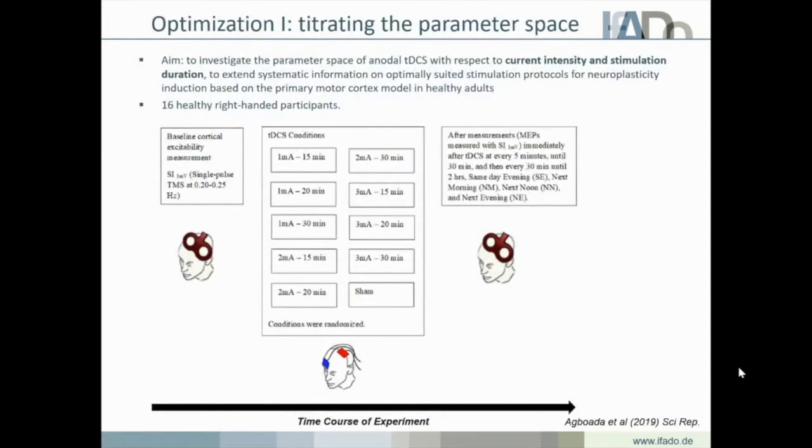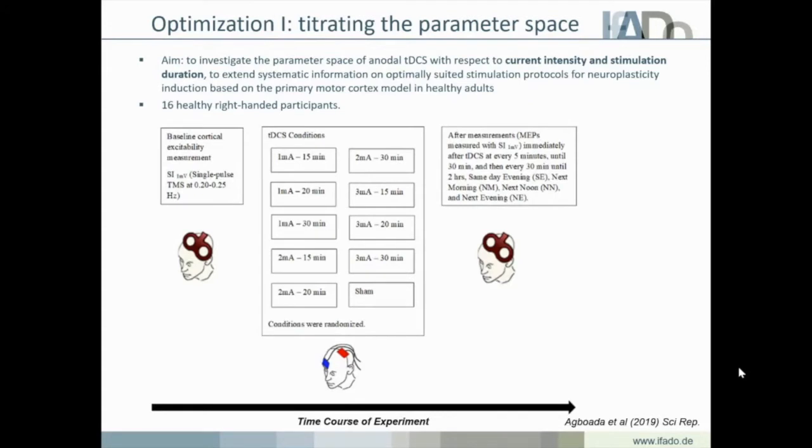So in one of our first optimization studies, we aimed to expand the conventional parameter space, which is normally between 1 and 2 milliampere, and a stimulation duration of between 10 to 20 minutes. We aim to increase the intensity to 3 milliampere and then the duration to about 30 minutes to see if we can enhance efficacy.